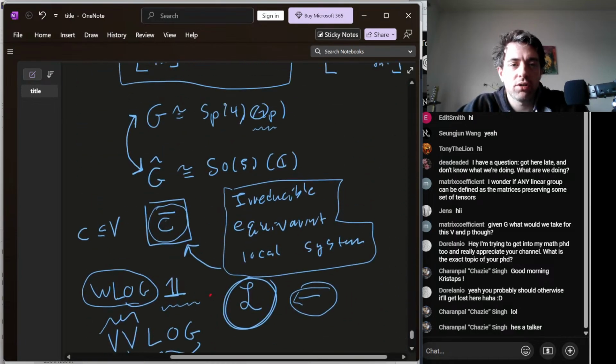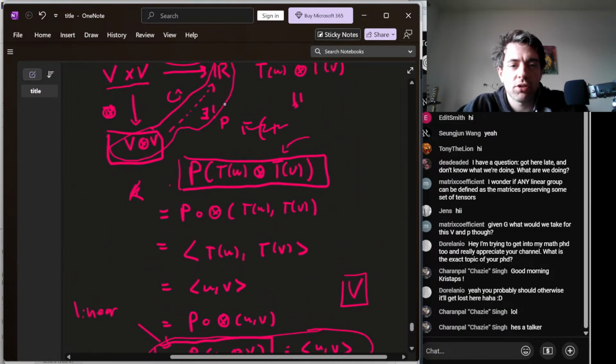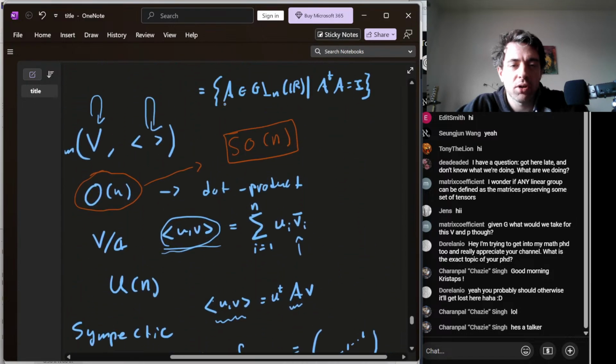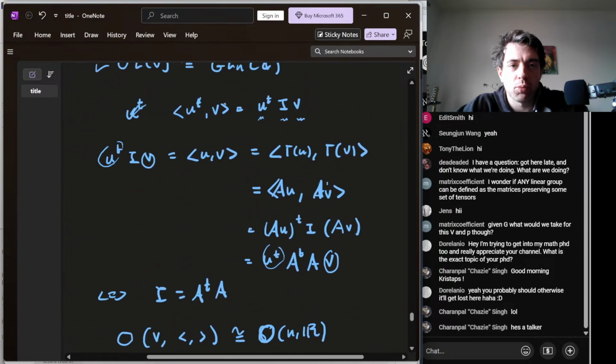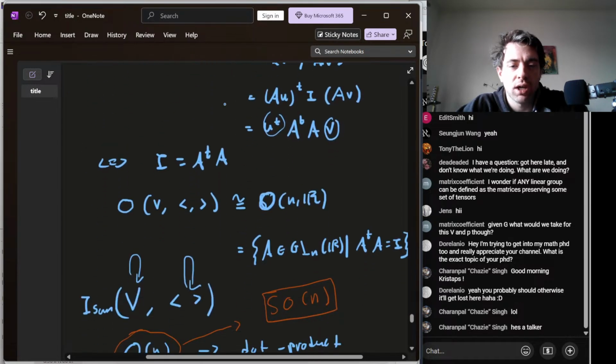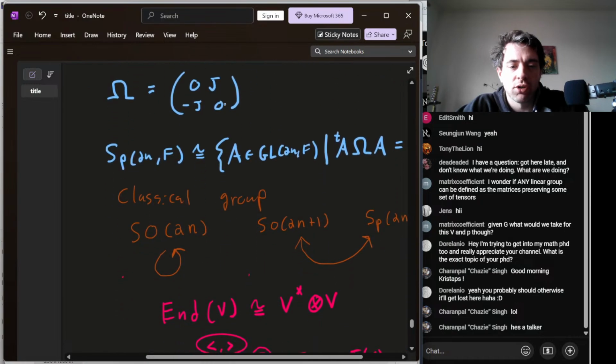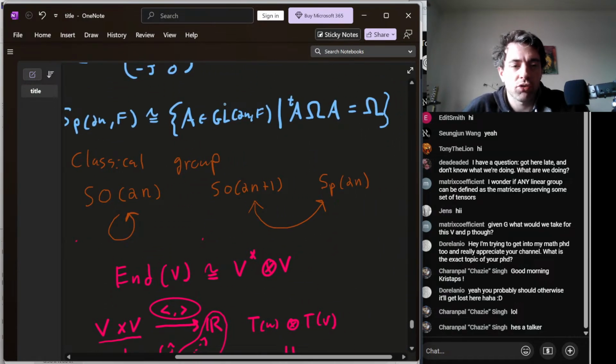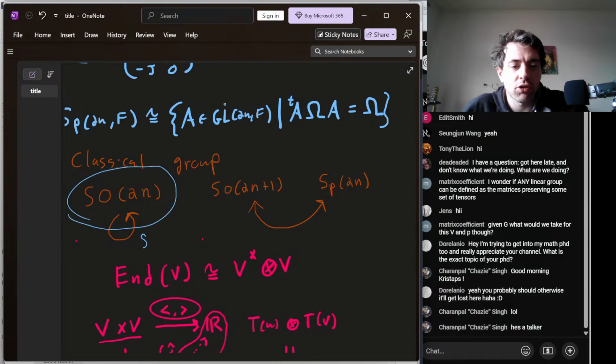So earlier, I don't know if maybe you weren't in the stream earlier, but I was talking about these different groups that we can define, like the special orthogonal group and stuff. And I mentioned that some of them come in dual pairs. So SO2N was self-dual, right? So that also means when you're studying, say, a p-adic field, its special friend over the complex numbers is SO2N over the complex numbers.